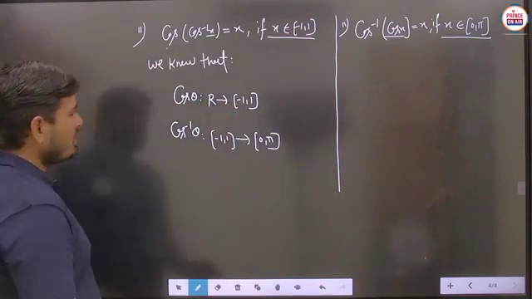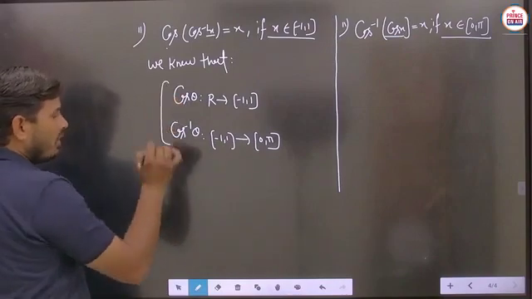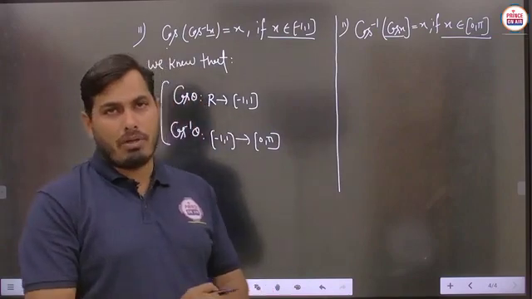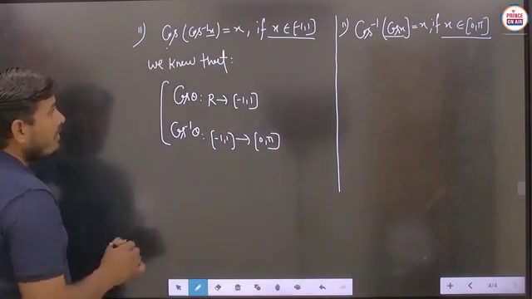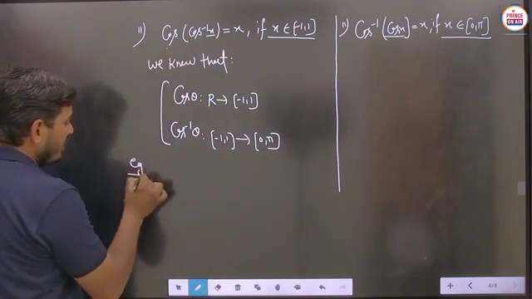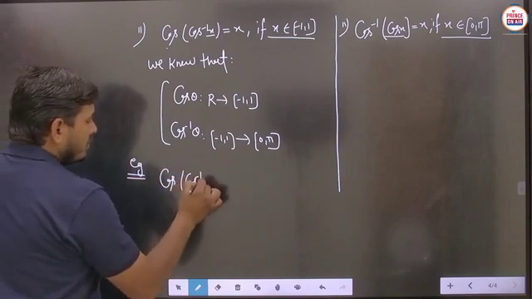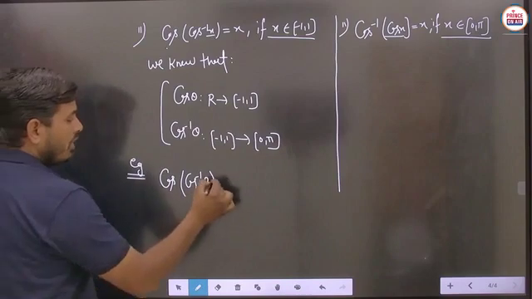So these properties are mentioned, student, on behalf of the given functions' domain and principal values. We have to keep in mind these things. Suppose we take an example like this, cos of cos inverse 2, then what should be the answer?